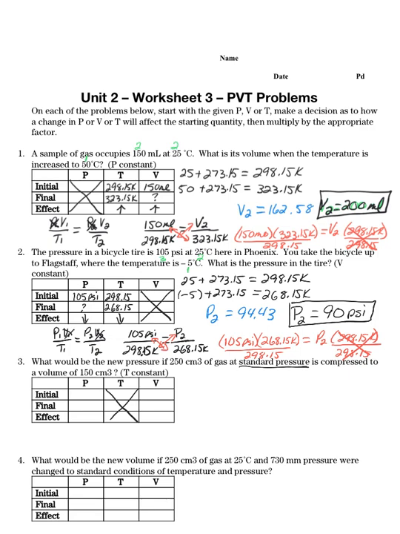I don't have to convert anything because temperature is not a factor here. Still going to use the same formula, P1 V1 T1 is equal to P2 V2 T2. I don't need temperature because that's staying constant in my problem. I can cross it off and substitute in my values.